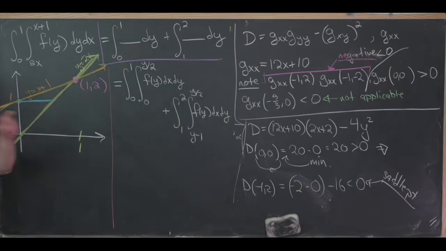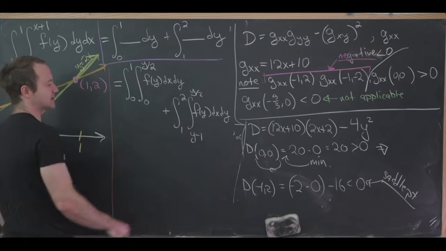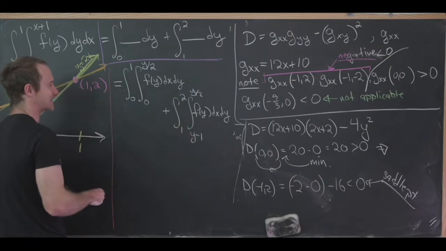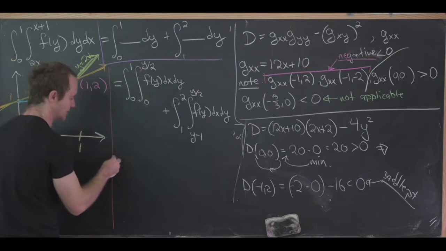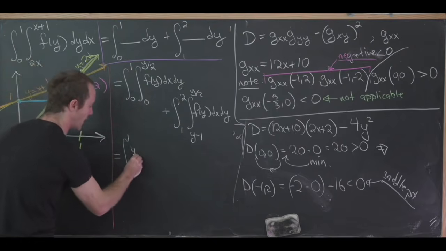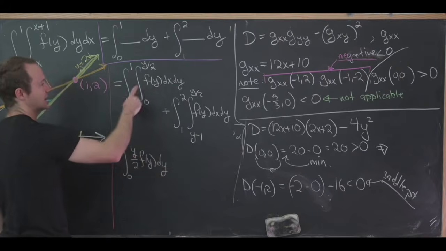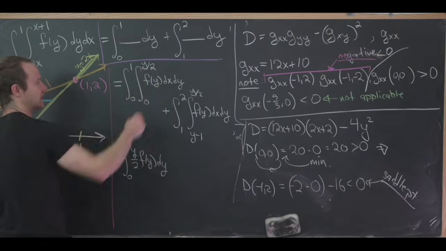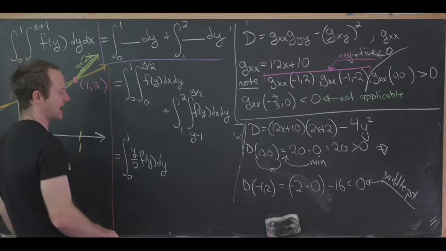Something like that. But now notice that this f of y is simply a function of y. So with respect to the inner integral, we can just bring it out. Same thing here. That leaves us just the integral with respect to x in each of those places, which is very easy. We just have the upper bound minus the lower bound. So this will give us the integral from 0 to 1 of y over 2 times f of y dy for this one, keeping in mind that f of y is a constant with respect to x.